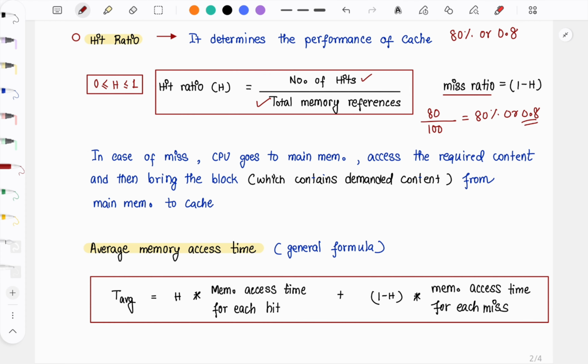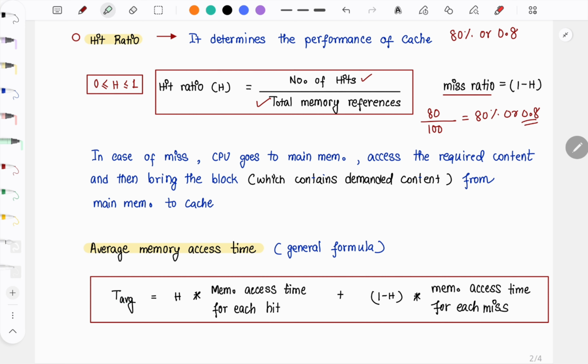Now, another important thing is average memory access time. It means the total time taken to perform all these tasks. Whenever a CPU makes a reference, if it is already present in the cache, then it will return the data back to the CPU in a very simple manner. However, if this is not the case, it has to go to the main memory.